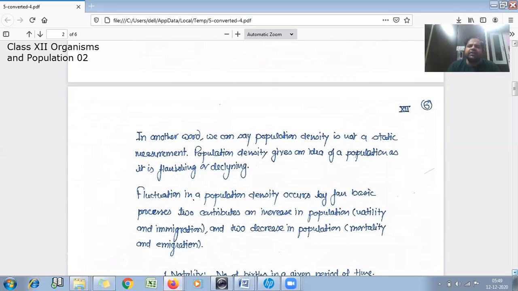And population density gives a geographic idea of whether a population in a particular area is flourishing or declining. As we have discussed, there are several factors which decide whether the population will flourish or decline.